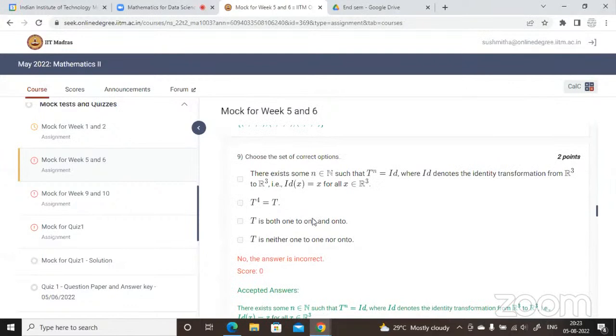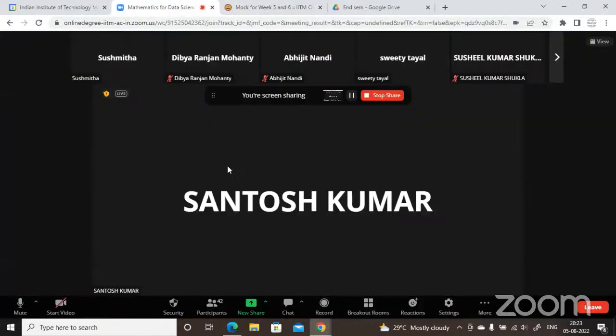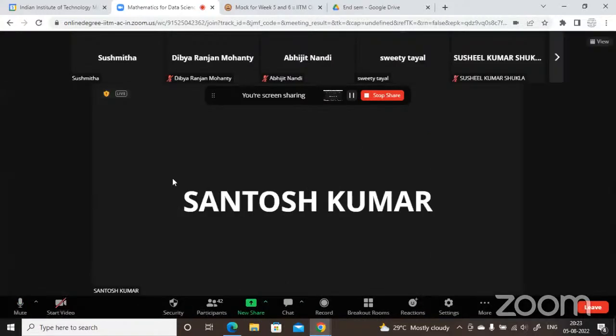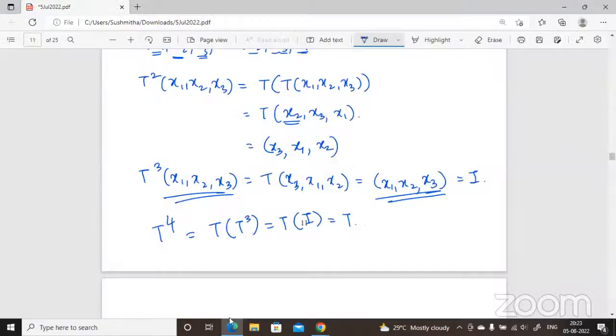Any other doubts? T cube is identity, so the transformation of identity is equal to T. T cube is identity means whatever vector you act on with T cube will go to the same vector. T cube of x1, x2, x3 will go to x1, x2, x3.